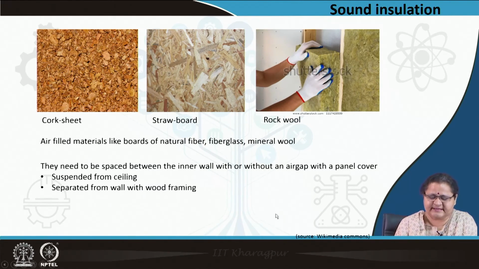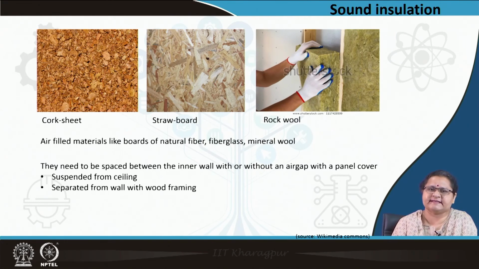They are spaced between the wall and the inner side of the wall, that is, wherever you need that acoustical absorption, sound of specific frequency absorption, with or without an air gap with the main wall, and they may be suspended from the ceiling or fixed to the ceiling, they may be fixed to the wall also.